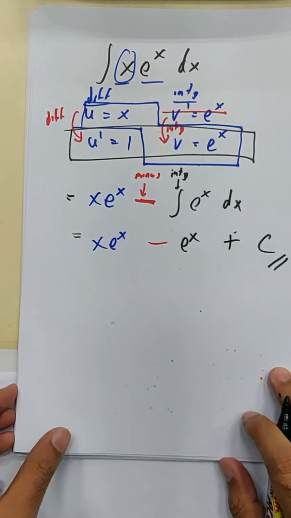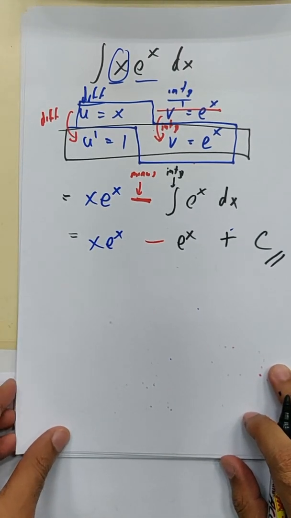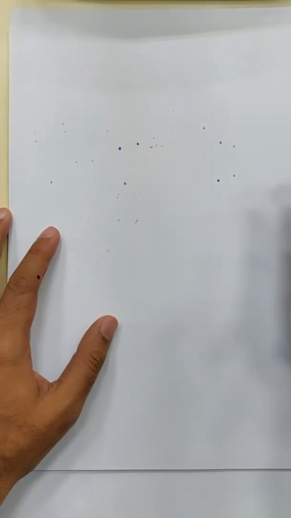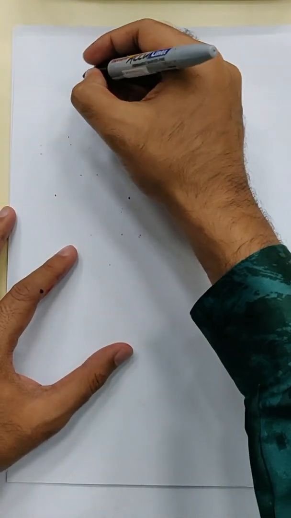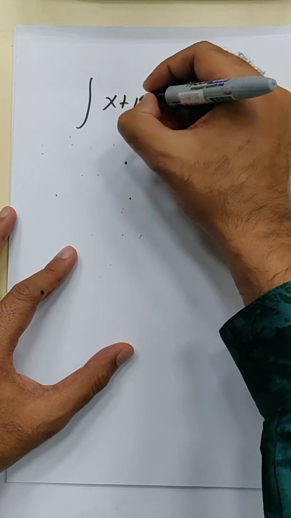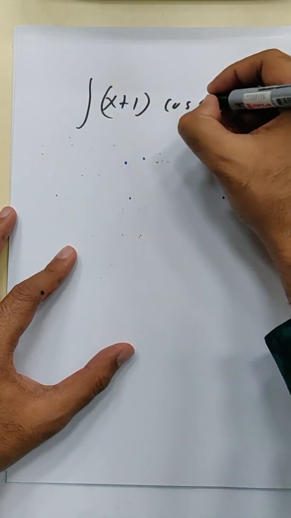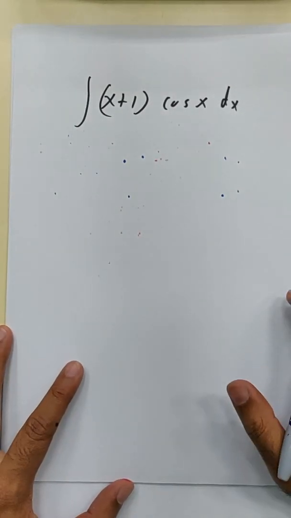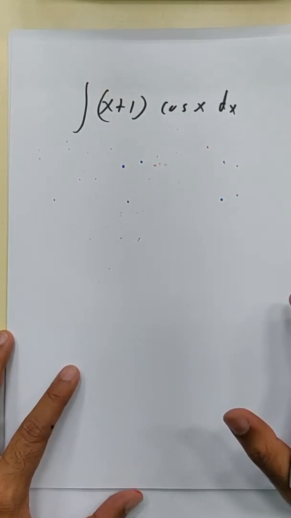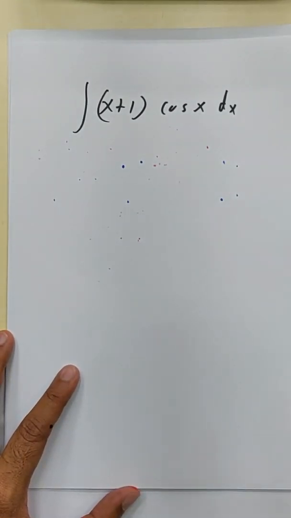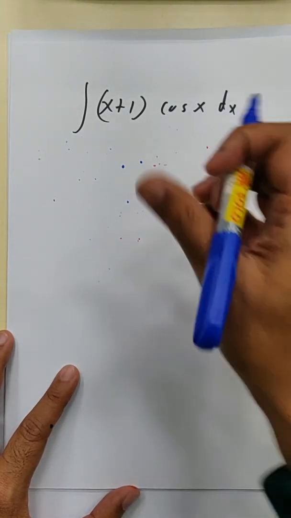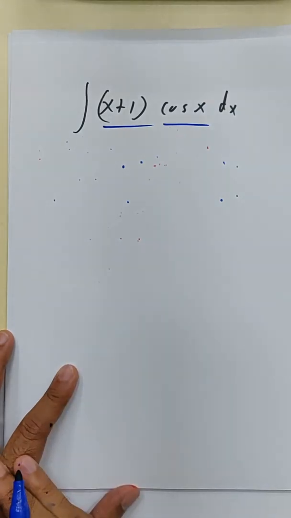Okay, now let's try it again one more time. I'll show you another example. Let's say you're given something like this, (x plus 1) cos x dx. How do I do? Firstly, I see there are two different types.